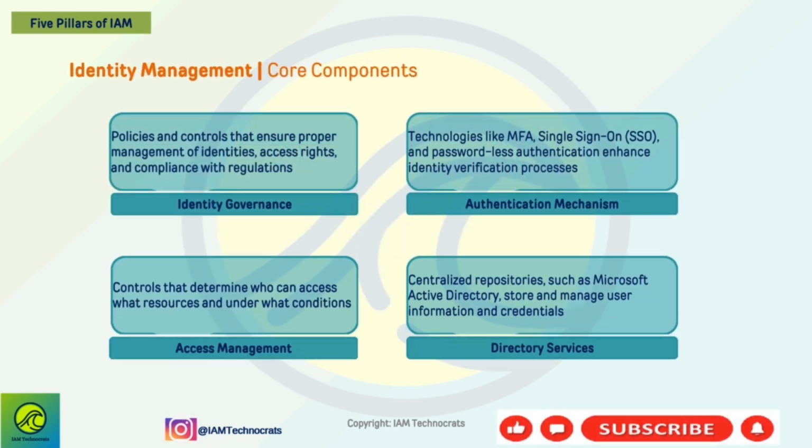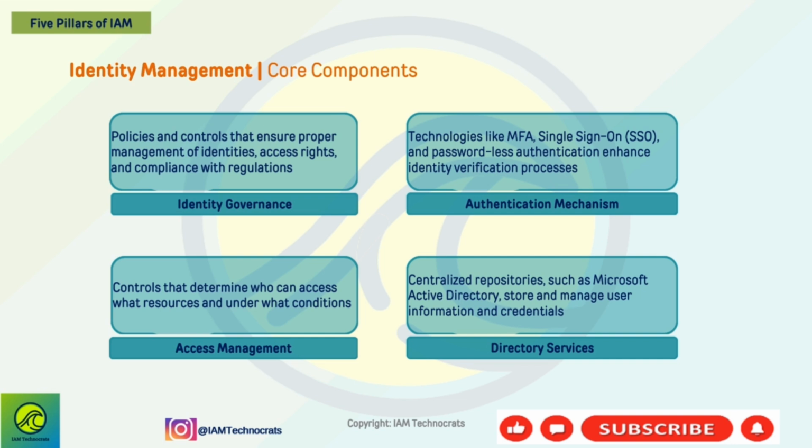Core components of identity management. First is identity governance. Policies and controls that ensure proper management of identities, access rights, and compliance with regulations. Second, authentication mechanisms. Technologies like MFA, single sign-on, and passwordless authentication enhance identity verification processes.